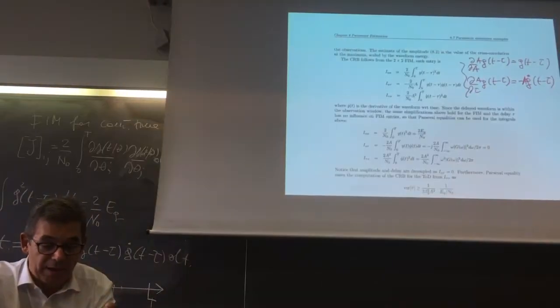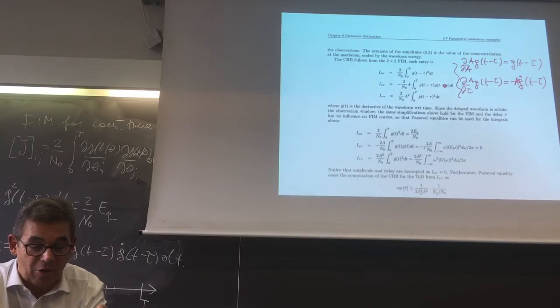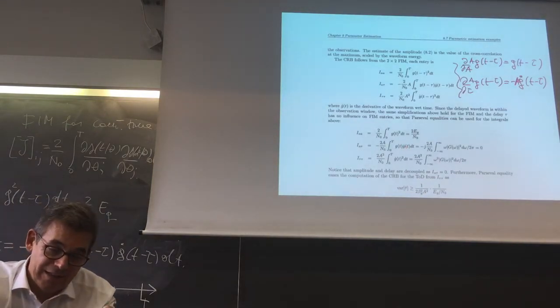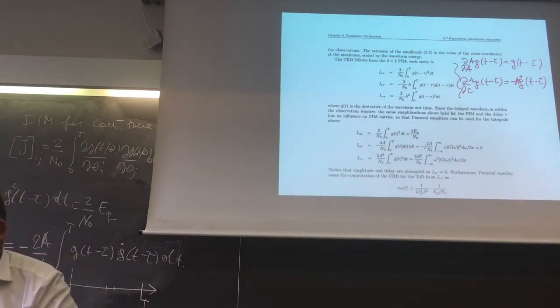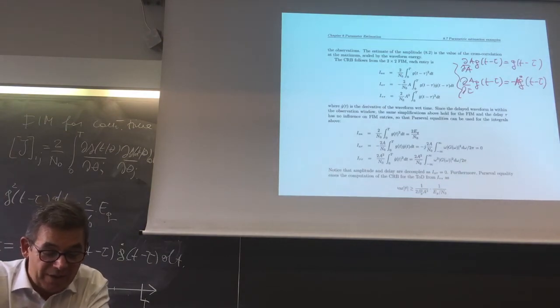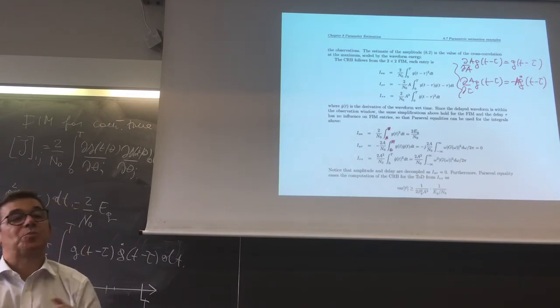Okay? So this is the reason why, from the upper part where I have t minus tau, on the lower part I have g prime(t). Actually, technically, I made a mistake. I need to correct the book. When I write this integral, the interval is all the support of the waveform.